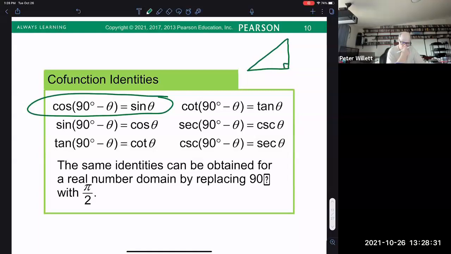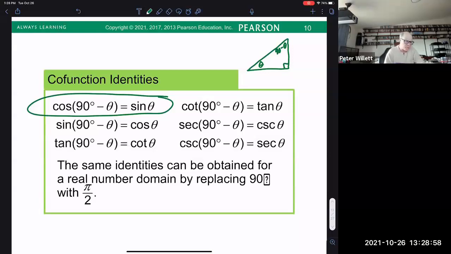So if this is theta, then because the two smaller angles add up to 90, the other one is 90 minus theta. And that's why these were cofunctions, because the theta in the sine here is going to be an angle in the same triangle where the 90 minus theta is the other corner.